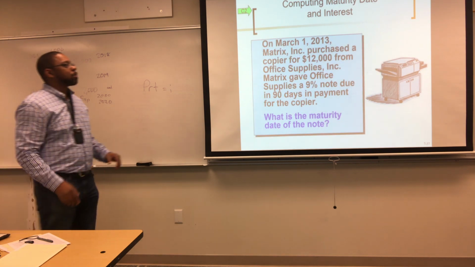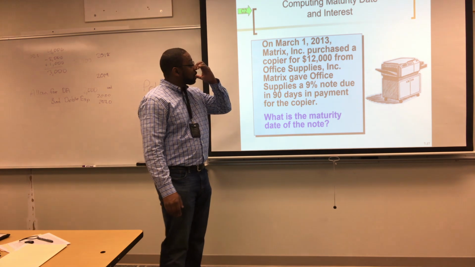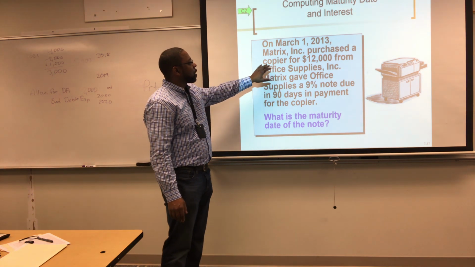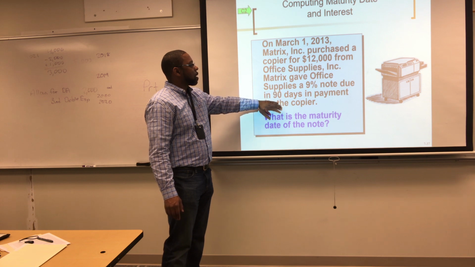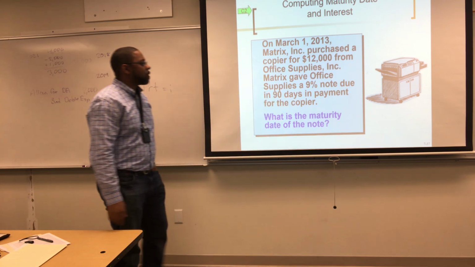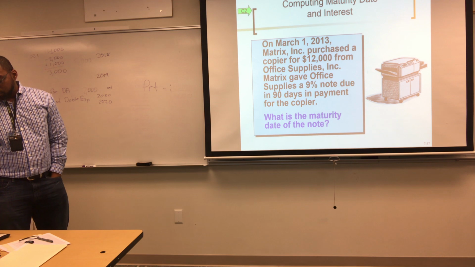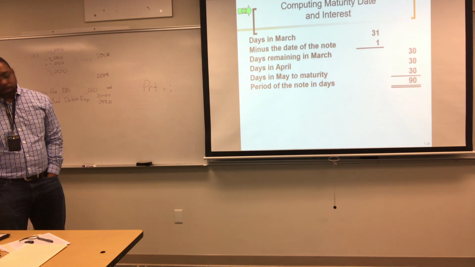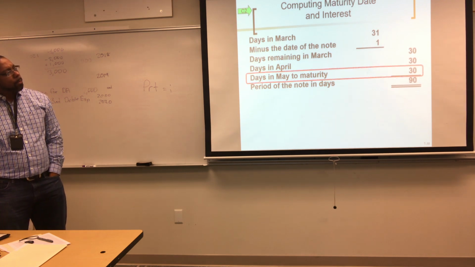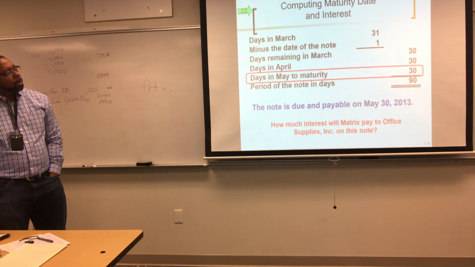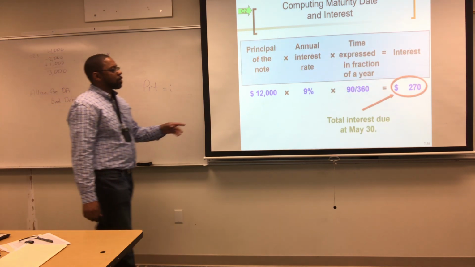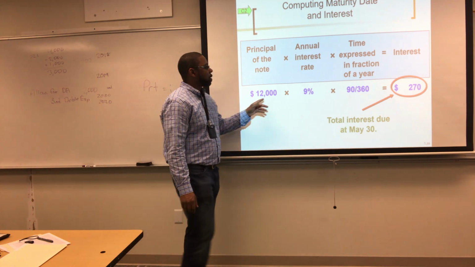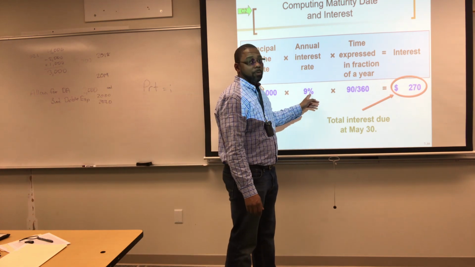So, if you're computing maturity date and interest, right? You've got a copier for $12,000, 9% note due in 90 days. What would you do? You would take the 12,000 for the copier, times the rate, which is 9%.